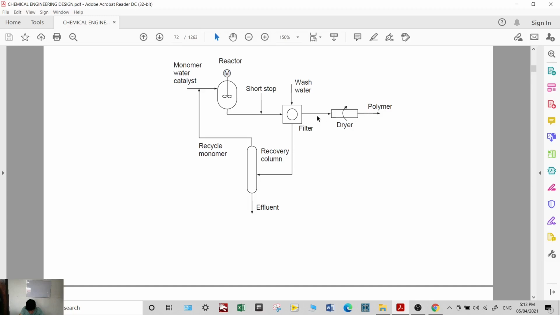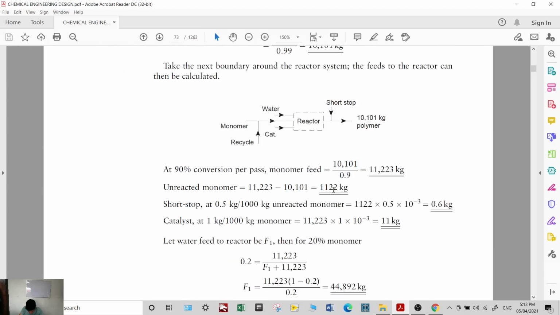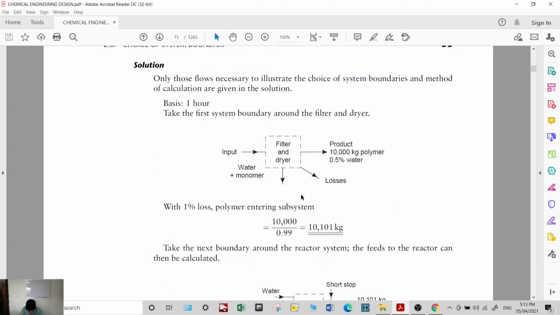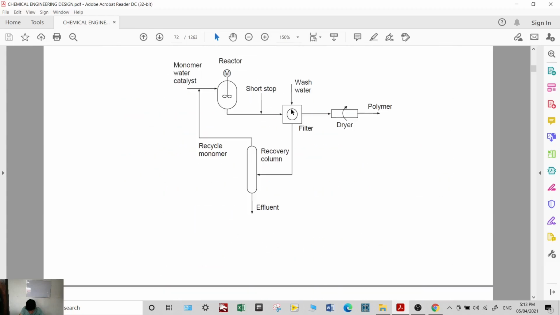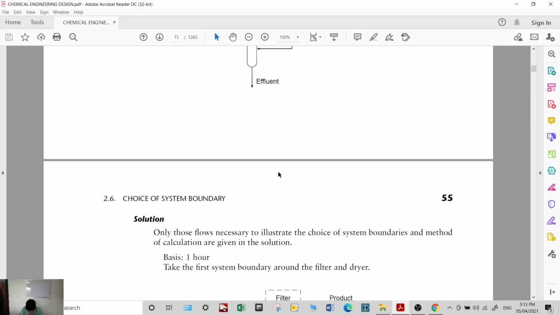And then pag-abot diri kay 532 na lang man ang amount of water from 44,000. So ang the rest of water diri na sa column mga sulod. Yan napa kay wash water. So kani siya water o unreacted monomer ang sulod.